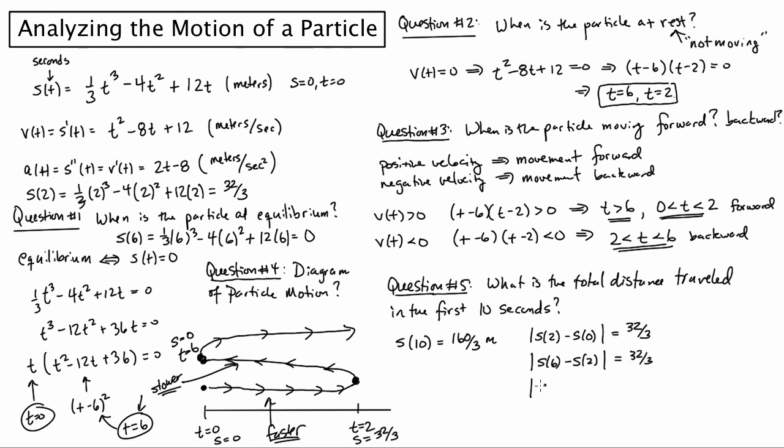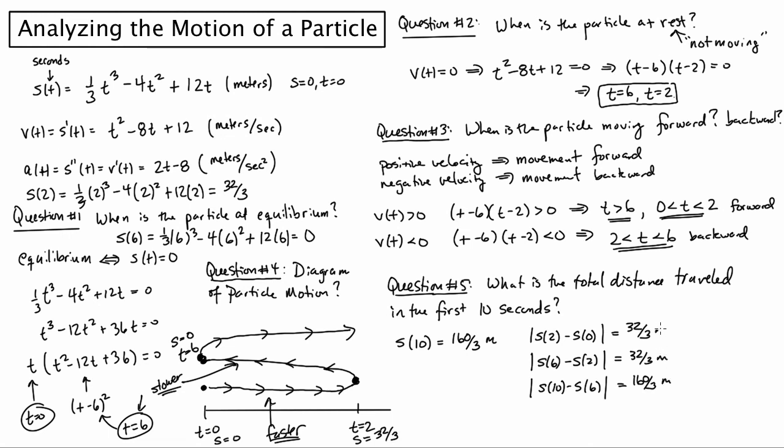And then finally, going from s(6) to s(10), I traveled from s(6) all the way out to, well, if my position is 160/3 meters, I go from s equal to 0 at 6 up to this, so it's got to be 160/3 total meters traveled.